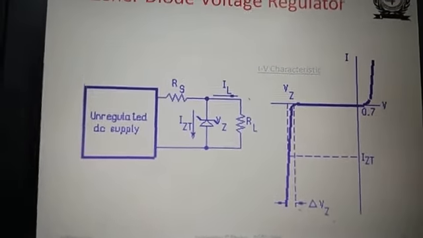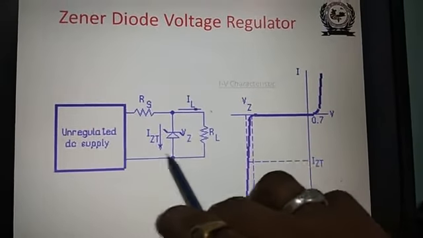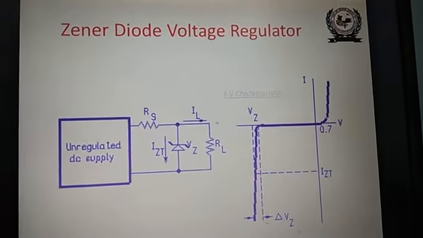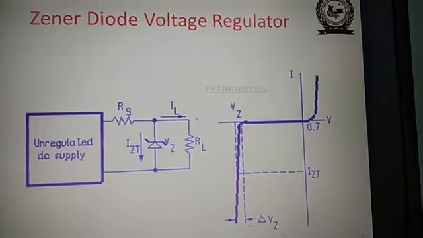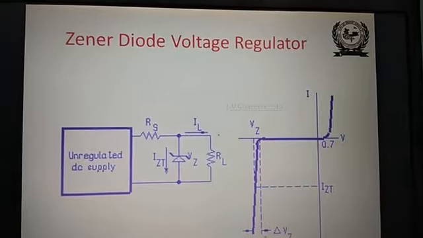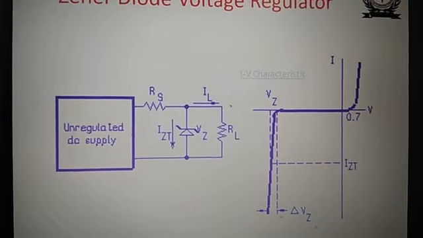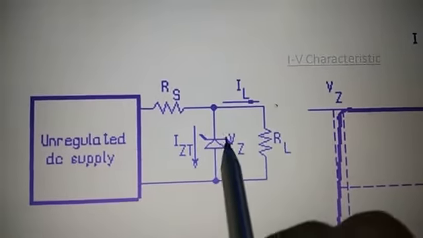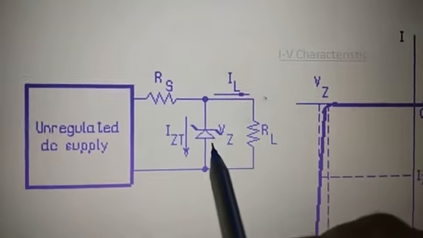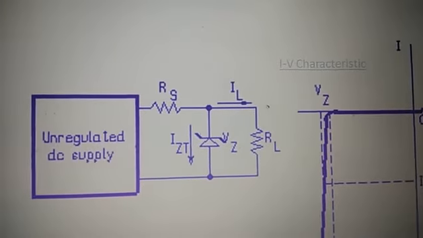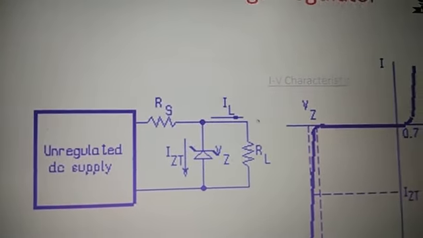So to get a constant voltage at the output, the Zener diode can be used as a regulator, and that regulation depends upon the value of the Zener voltage. If I use a Zener diode with a particular fixed voltage, let us say Vz, this is the voltage Vz across the Zener diode. Zener diodes are available with voltages such as 6.2 volt, 7.2 volt, 12 volt, 11.5 volt.